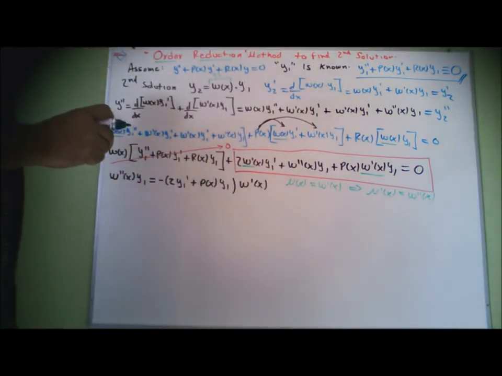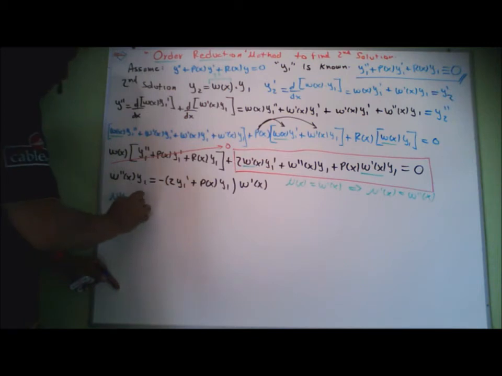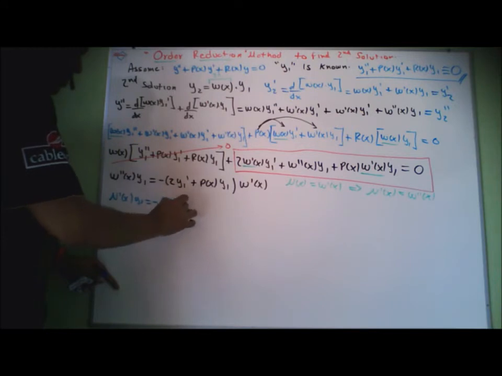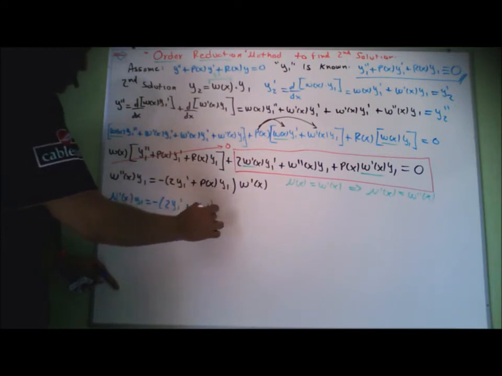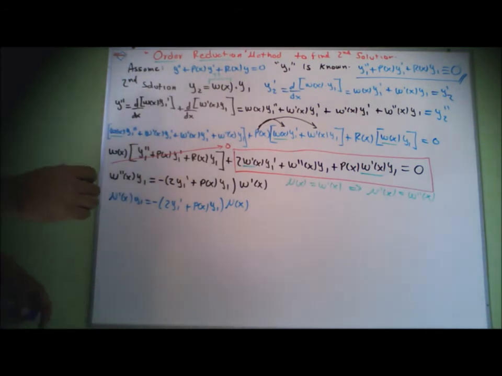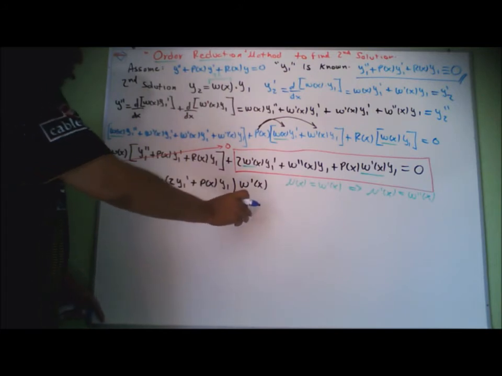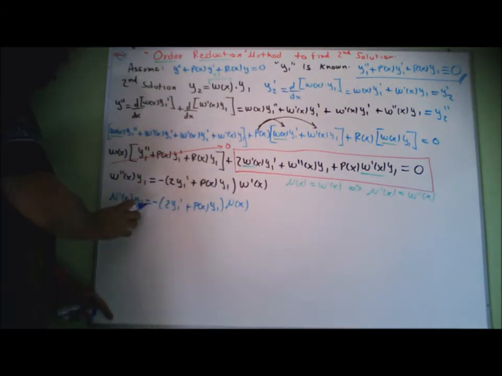Okay, so how does that help? What helps here is that instead of writing the second derivative, I'm going to write the first derivative, mu prime of x y1 equal to minus 2y1 prime plus p of x, the first solution, and here mu of x. So I'm going to pass y1 as a division, and this mu of x I'm going to pass as a division here.